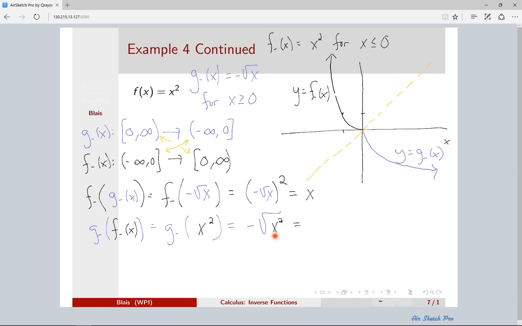It's a little bit subtle. Note that in this case, remember, this x is negative. Which means, why don't we do it this way? We'll rewrite it as the square root of negative x squared. Clearly nothing's changed here. But because x is less than or equal to 0, that tells us that negative x is greater than or equal to 0.